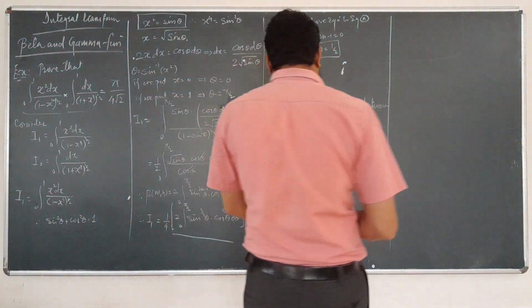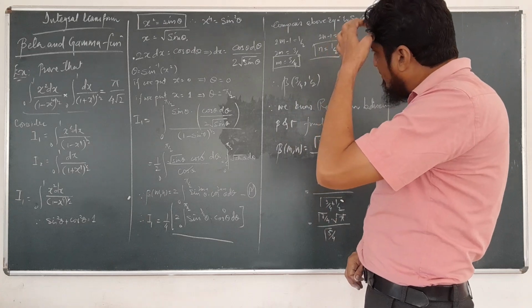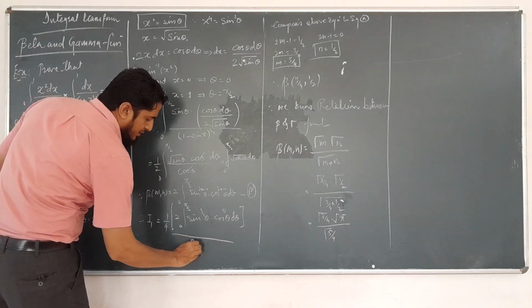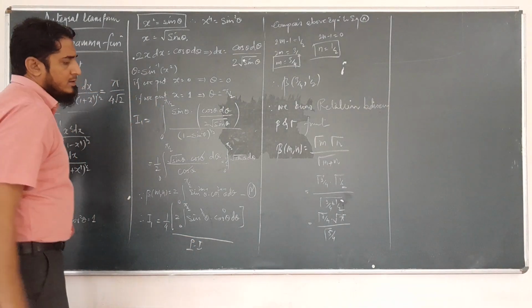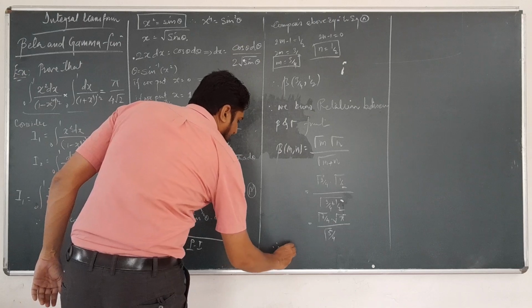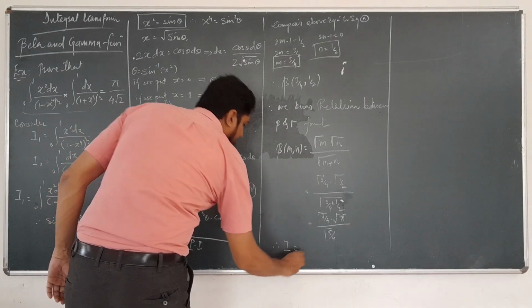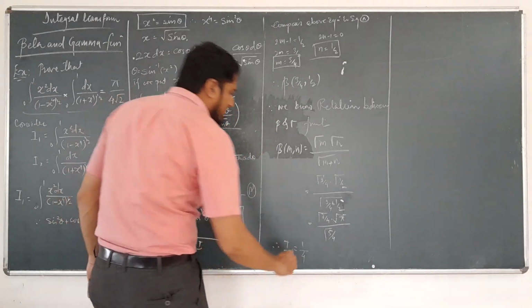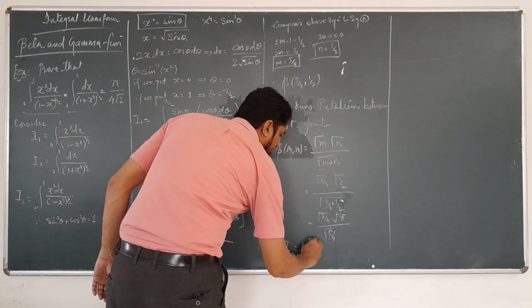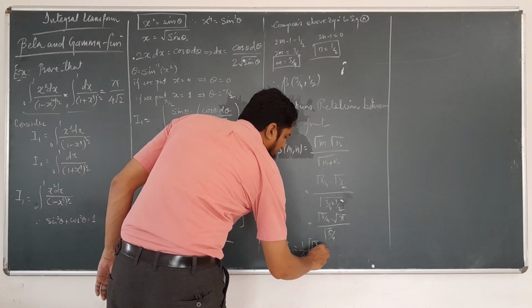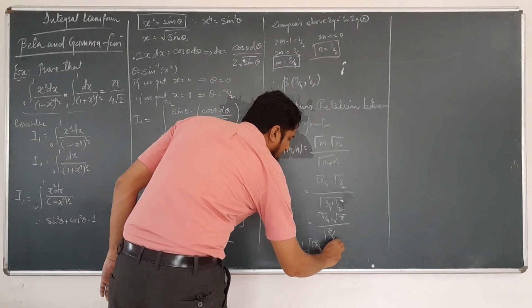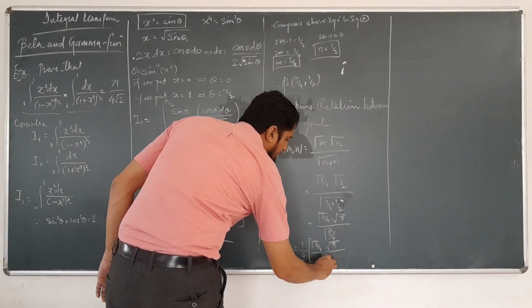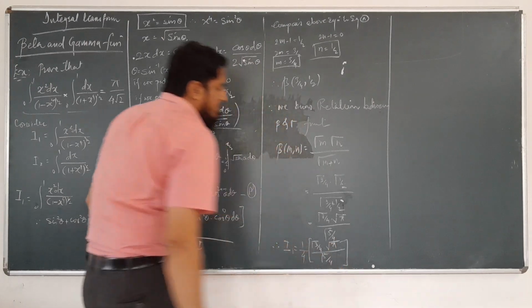Now, this is the value of this part. Therefore, I1 will give us 1 upon 4 into gamma of 3 by 4 into root pi upon gamma of 5 by 4.